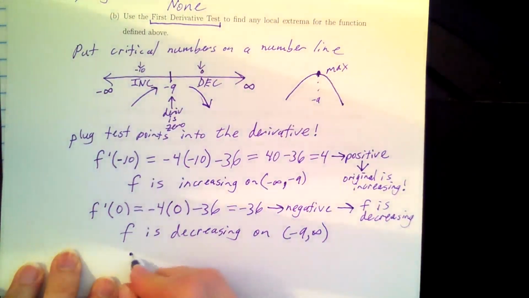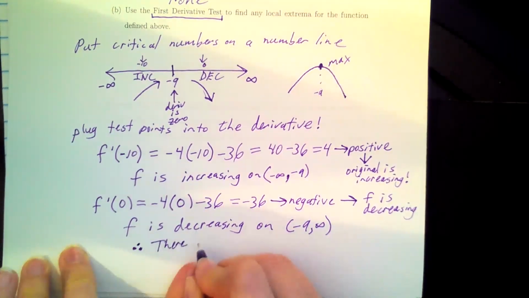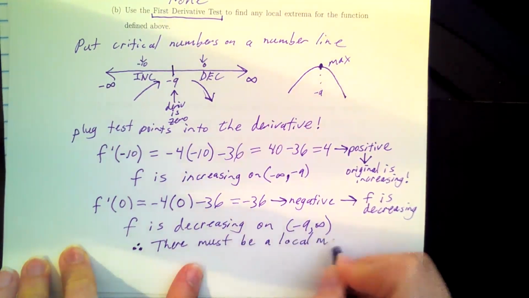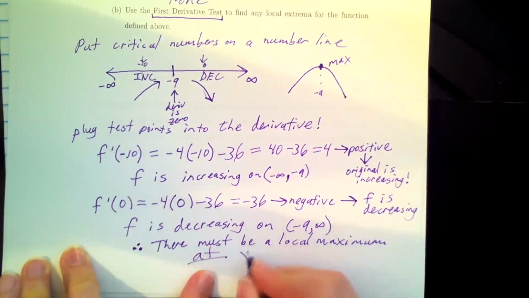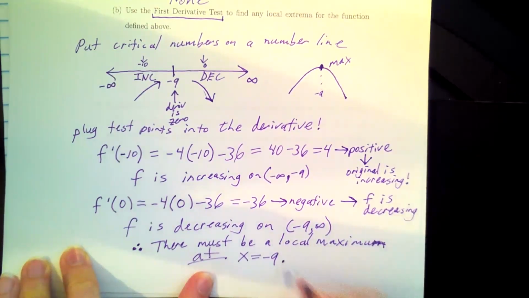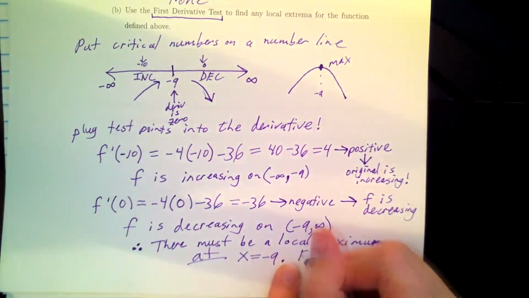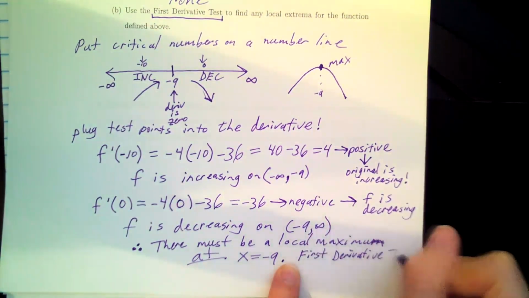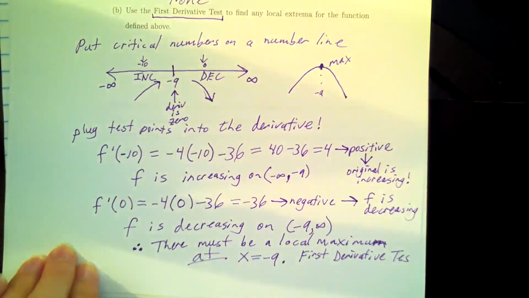So we would say, and this is where I'm going to be particular about the language, there must be a local maximum at the x value, x equal -9, that critical number. There must be a local maximum at x equal -9. And we got that by using the first derivative test. First derivative test just means that number line thing we just did, finding where my derivative is negative and positive.